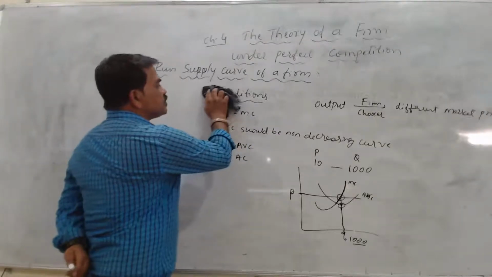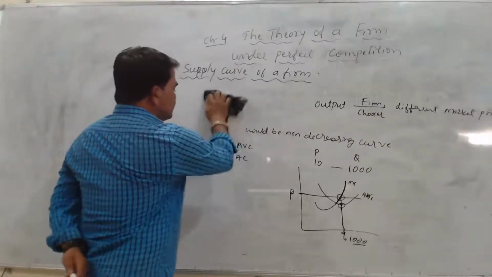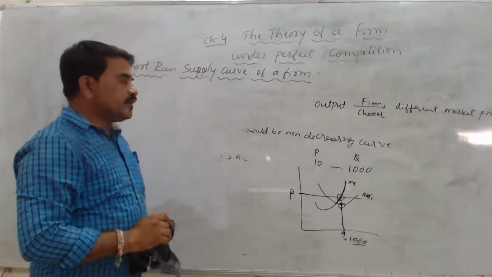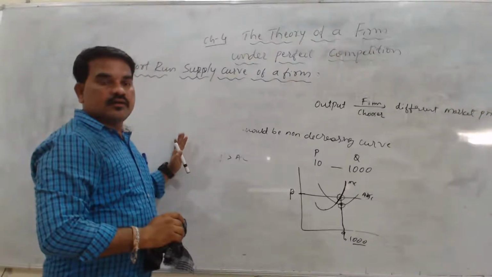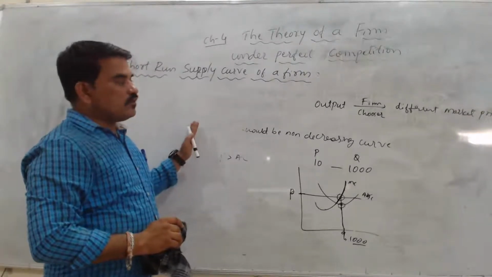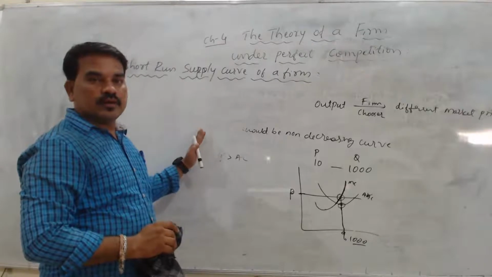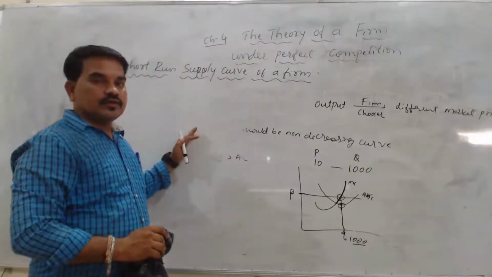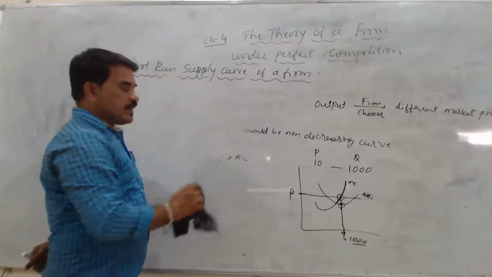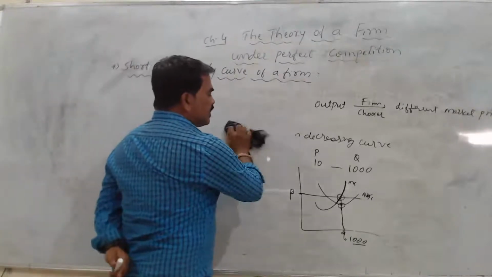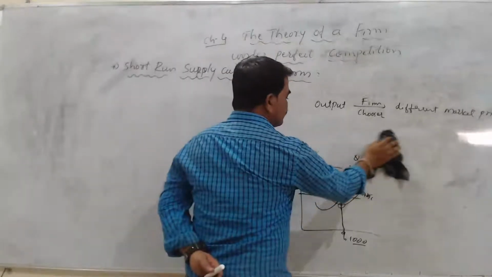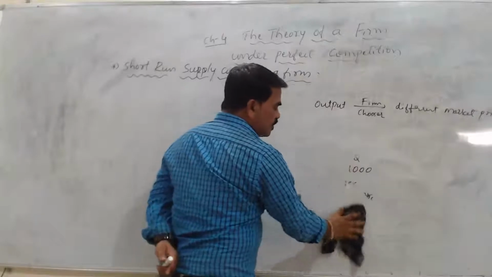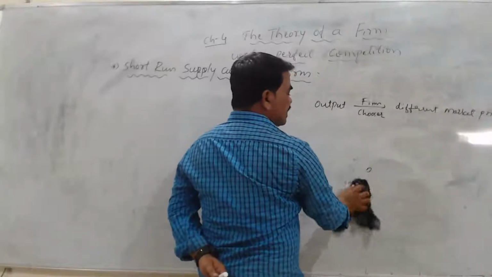In the short run, to understand what the supply curve is, we need to understand at what price it is making maximum profit. From there we can find out the supply curve. So first we will try to find out whether it is making maximum profit or not at different values of market prices.